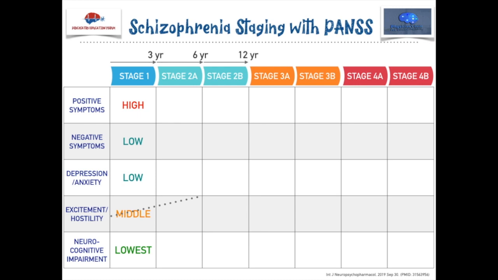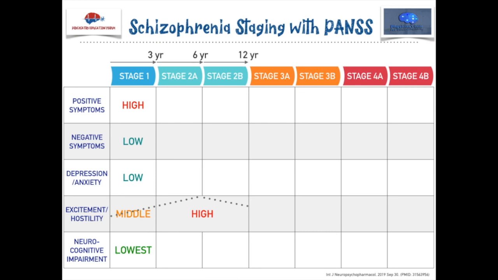Now, in stage 2A, they are increasing, but in stage 2B, they start to go down. And they called it stabilization of excitement or hostility. But still, in stage 2 in total, excitement and hostility were the dominant symptoms. Just like positive symptoms were dominating in stage 1, in stage 2, excitement and hostility were dominating.